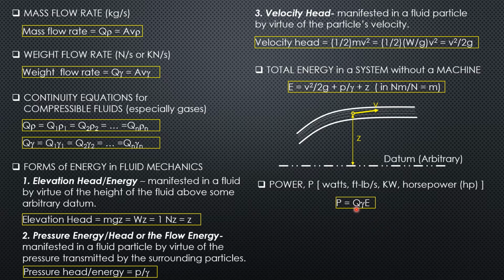If you want to make it in kilonewtons, then specific weight must be in kilonewtons per cubic meter also. So horsepower is Q gamma E over 746 if Q gamma E there is in watts, because 1 horsepower is 746 watts or 550 foot-pound per second. So that's the conversion factor.